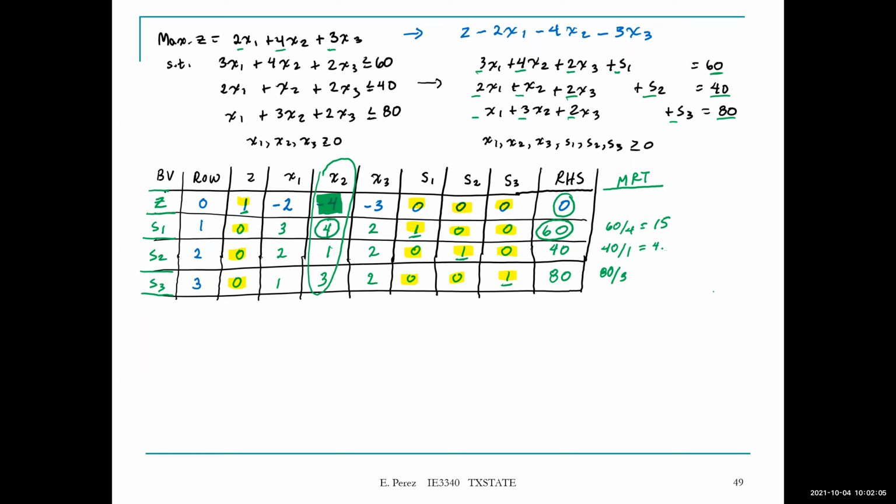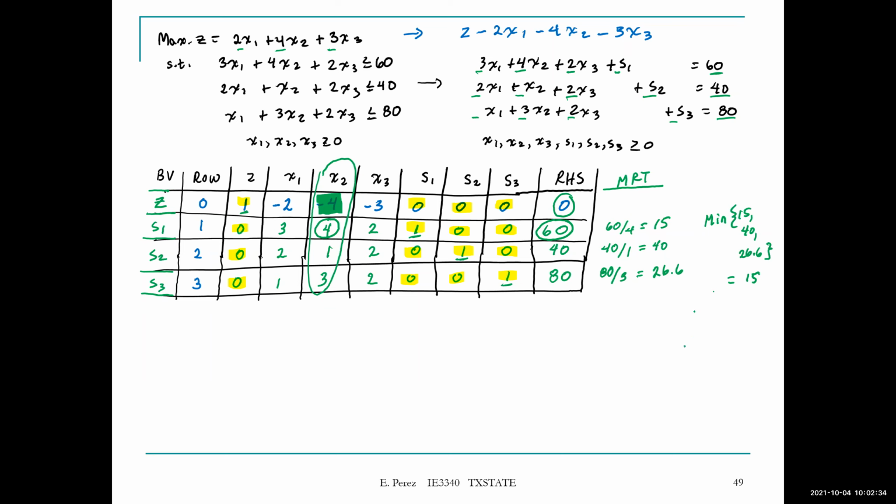This is 40, and this is like 26.6. So the minimum between 15, 40, and 26.6 is 15. So that's how we decide who's going to leave.